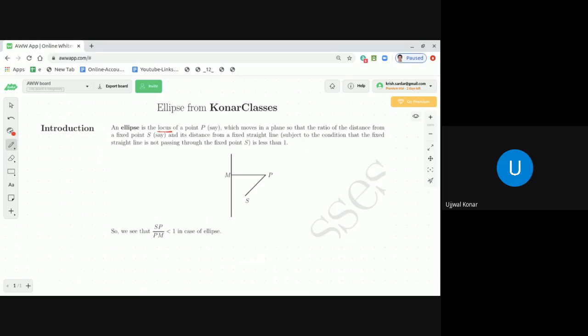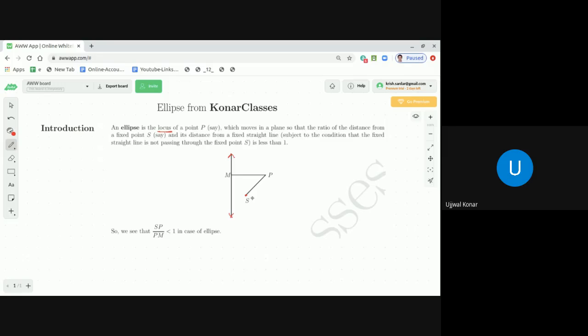And here the geometrical condition is that the ratio of the distance of that moving point P from a fixed point S, and from a fixed straight line, this is the fixed straight line you see, is less than 1.